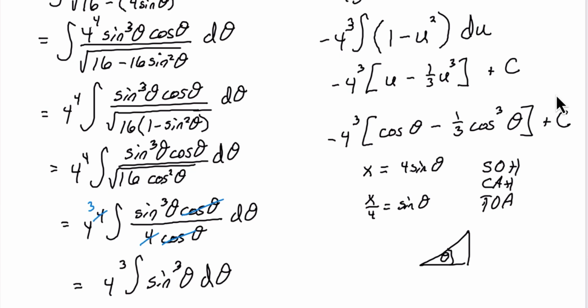Sine is opposite over hypotenuse. So opposite is x, hypotenuse being 4. We need to know this side. We can use the Pythagorean theorem to find it. That unknown side is going to be the square root of the hypotenuse squared minus the side squared.